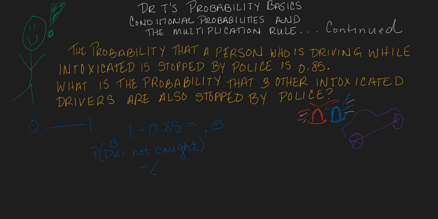We can just multiply this failure probability, 0.15, 3 times. And we can see that the probability that none of the 3 other intoxicated drivers are stopped by police while they're driving recklessly, a failure, is quite small in this example, 0.003.